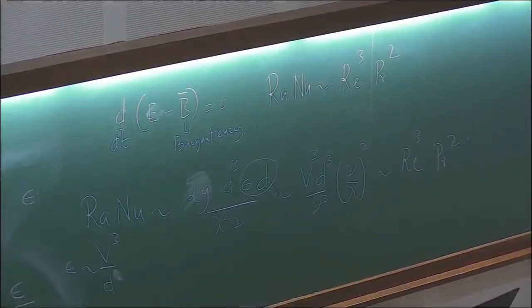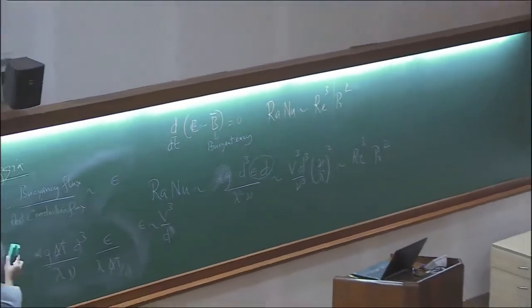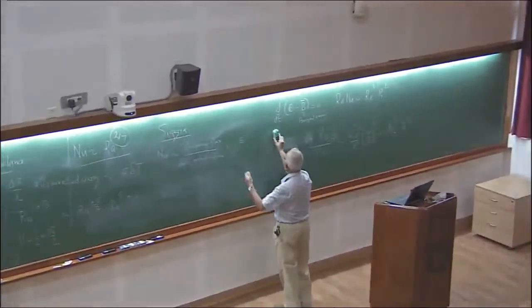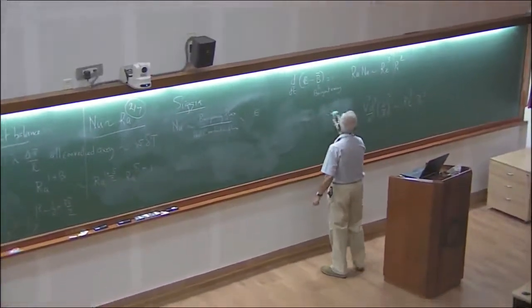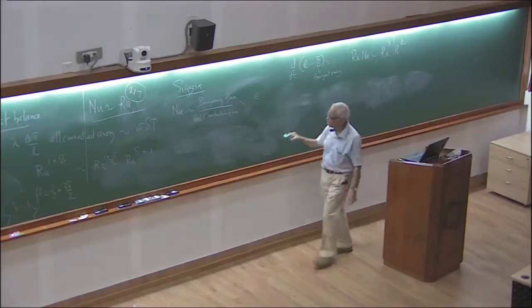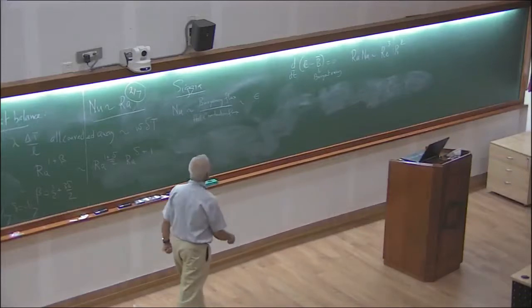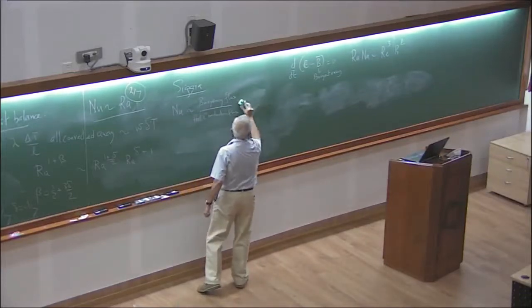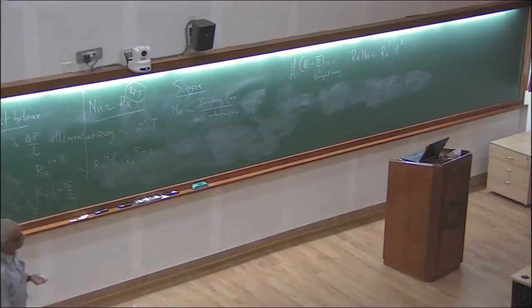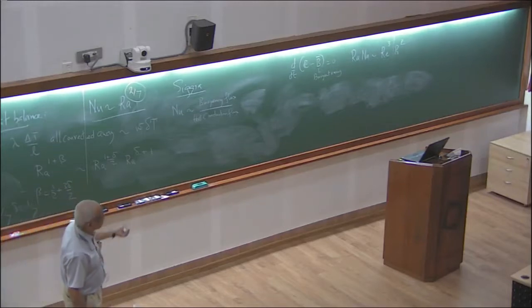So that was the starting point, by using this definition of the Nusselt number as buoyancy flux over conduction flux. The ratio gives me this identity, apart from numerical constants, that Ra times nu goes like that.